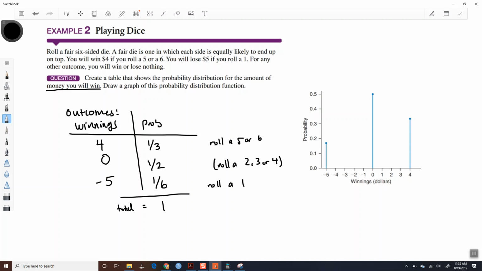It can be something like, how tall is somebody? If I pick someone at random and I ask, how tall are you? That will technically be a random variable because the outcome they give me is going to be a number.